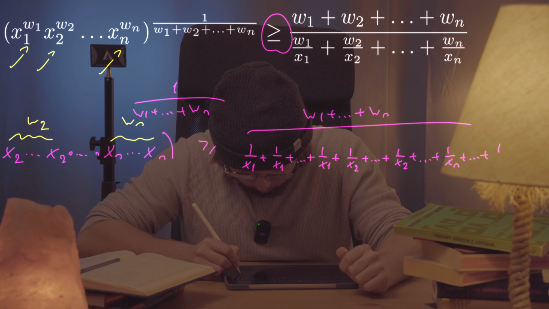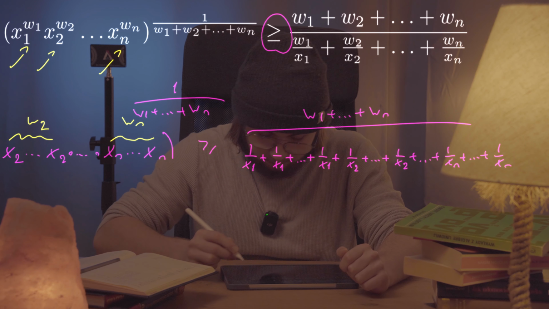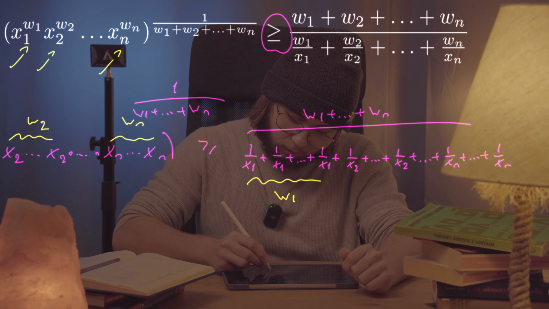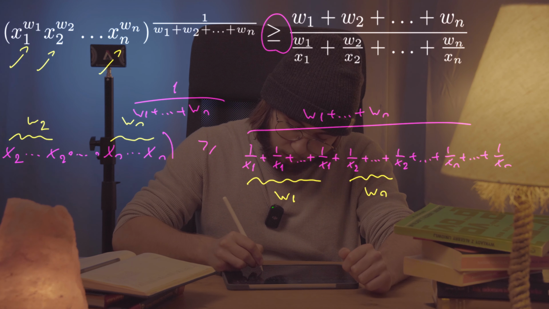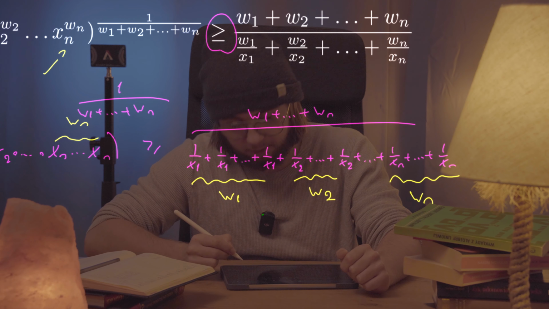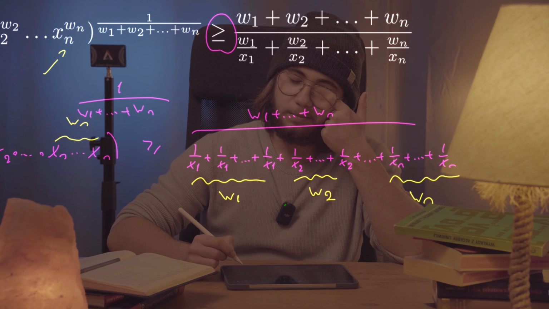As you can see, those x1s will appear w1 times, those x2s will appear w2 times, and those xn's will appear wn times.